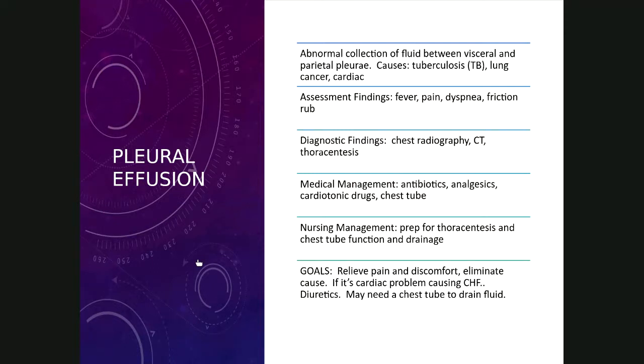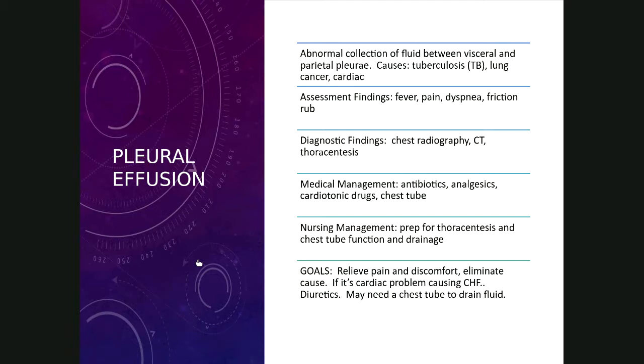What you will see when you're assessing that patient, you'll have a fever, they'll have pain, you'll have difficulty breathing, and that friction rub. The tests that need to be performed are chest radiography, a CT, possibly thoracentesis, depending on how big it is and where it's at. Medical management includes antibiotics, analgesics, cardiotonic drugs, and a chest tube.